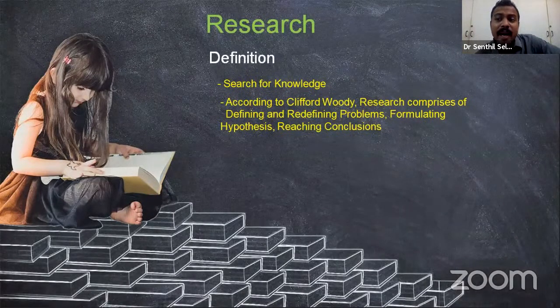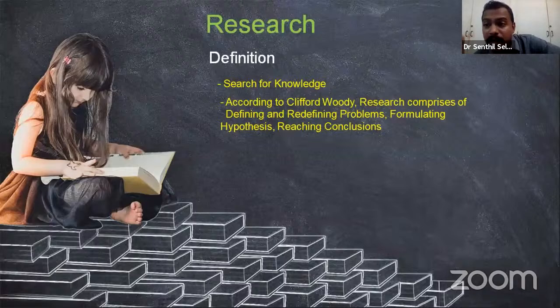Then we have to analyze the data, and finally we have to test that hypothesis, and we have to reach a conclusion. So this is the step-by-step procedure in the research process. So this definition is a very good definition which summates the research process.